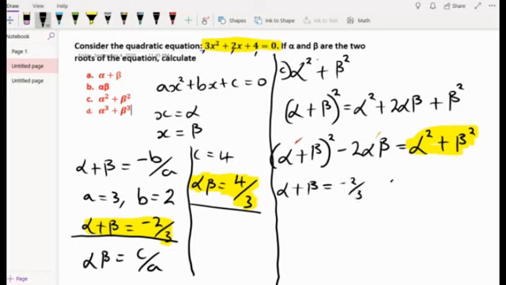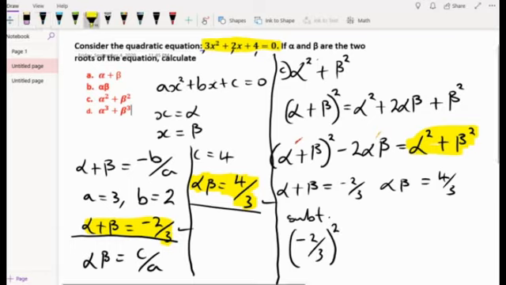We know that alpha beta is equal to 4 over 3. So we just substitute into the formula. So this is going to be minus 2 divided by 3 squared. Remember that we are substituting it into this.